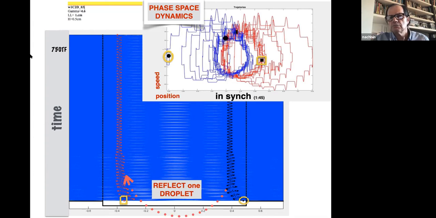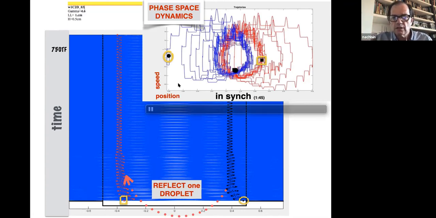Here they are, okay, off they go, and they're kind of talking to each other, we don't see it here, through the wave field. That's why it's wave-mediated dynamics of two nonlinear oscillators. And now, look what happens. They're right on top of each other, so they're completely synchronized, and on the same new limit cycle. Look, they're generating the new limit cycle.